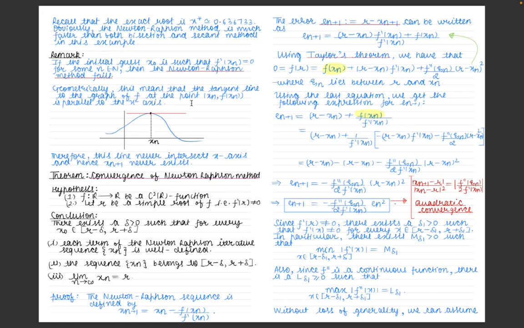So we will get R minus xn plus 1 upon f prime xn times minus R minus xn f prime xn, oh sorry, it should be here R, then minus f double prime zeta n by 2 times R minus xn squared.